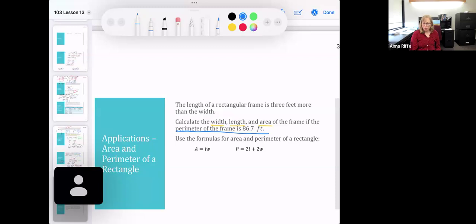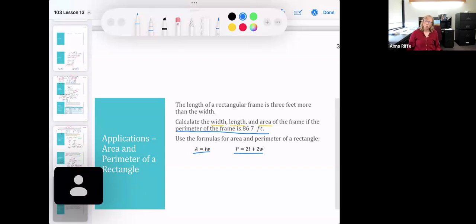We are given a couple of formulas here. We're given a formula for the area of a rectangle and for the perimeter of a rectangle. In your quiz, you're going to see a couple of problems like this. Today, we're going to see a couple of problems like this, assuming we have time, where you're given a couple different formulas, one for area, one for perimeter, and then you're given a little bit of information about one of those.